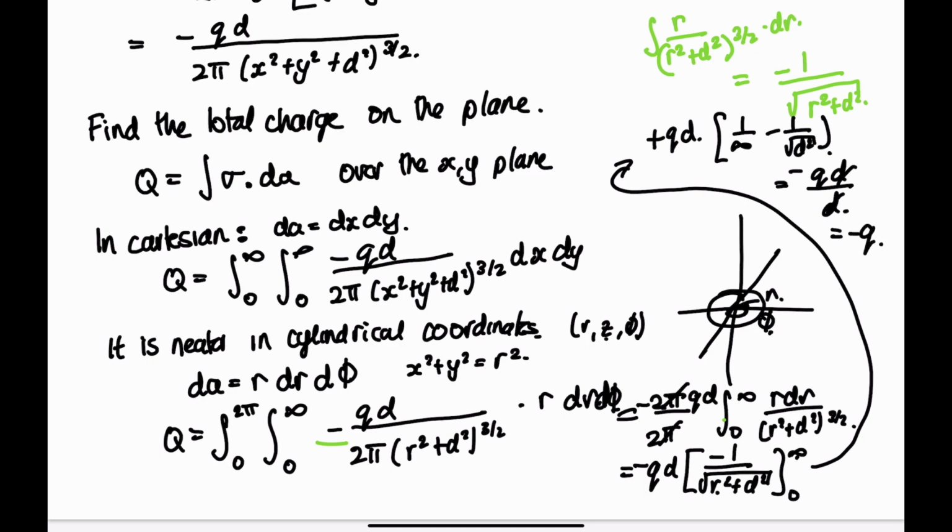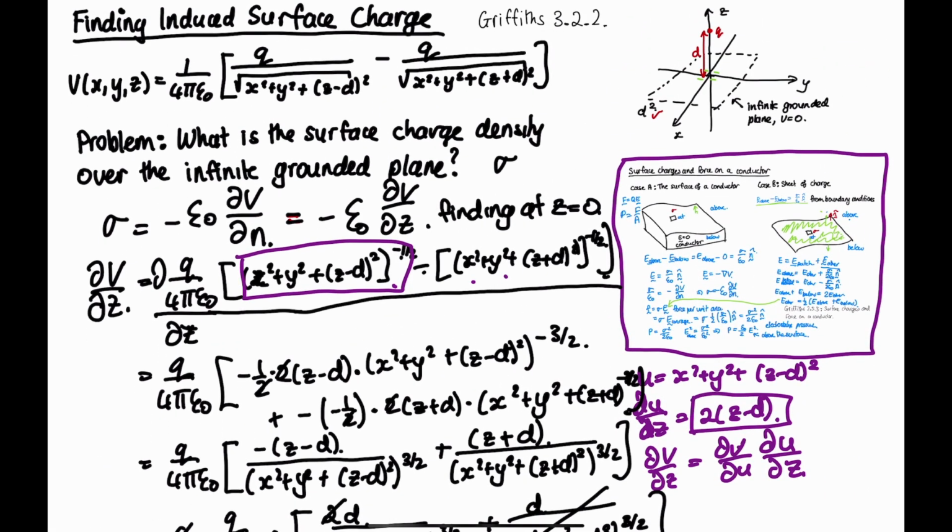Okay, so we're saying that the total charge over this plane here is equal to minus Q, which intuitively makes sense because it's going to cancel out this charge here.